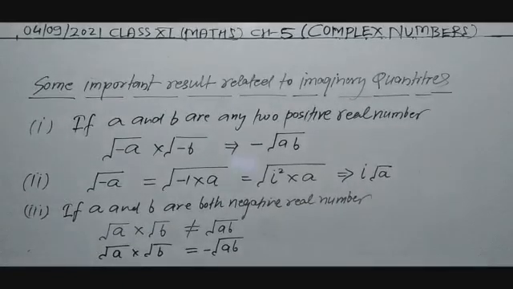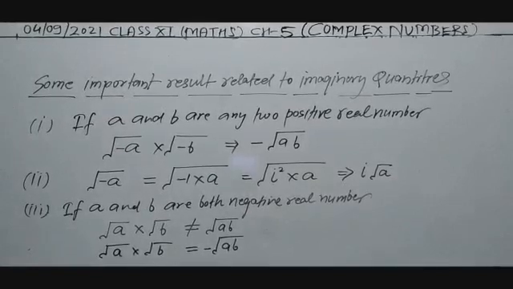So we have taken first point, if small a and small b are any two positive real numbers, then we can say root over minus a into root over minus b, result you will get minus times root over ab.